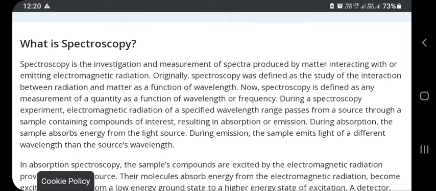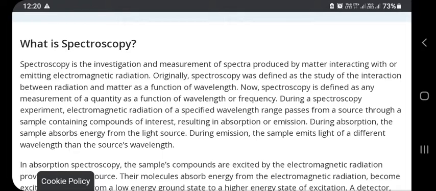So, a spectroscopy experiment will give you electromagnetic radiation of a specific wavelength which passes through a sample, and the sample containing compounds of interest will interact with the light, which results in either absorption or emission of the light.